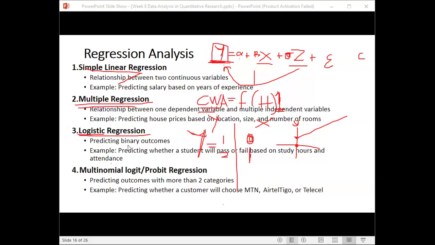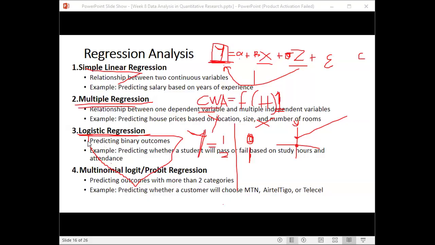Okay, so anytime you hear logistic regression, it's just saying that you are predicting a binary outcome. Okay, it's just two: yes and no, absent, present, married, not married, working, not working. If that is the way your dependent variable is, or your topic, okay?